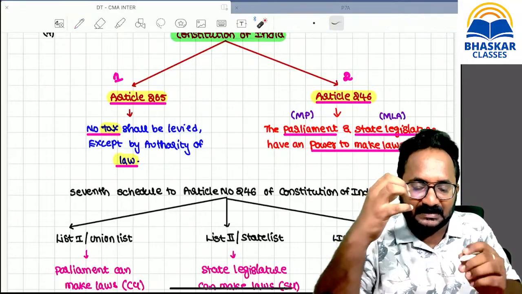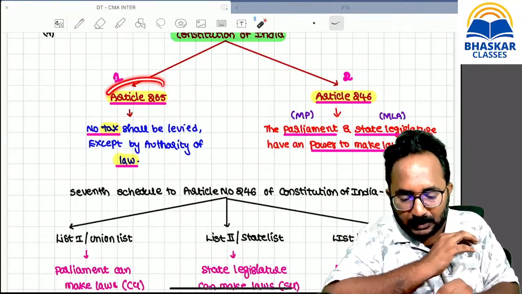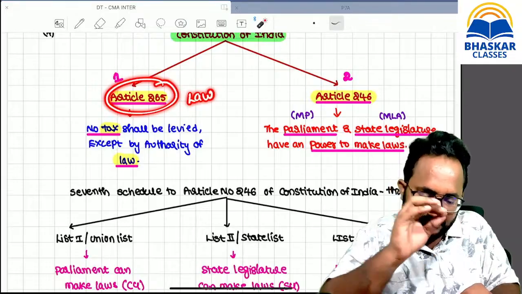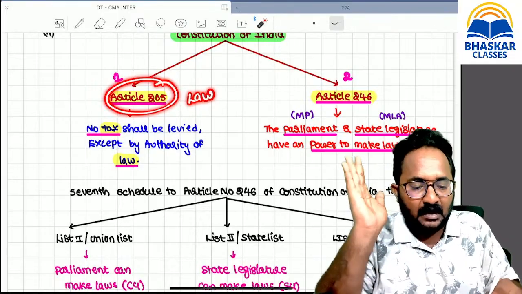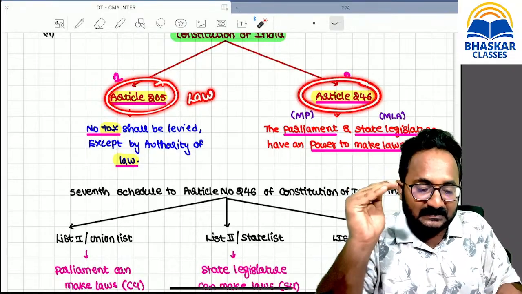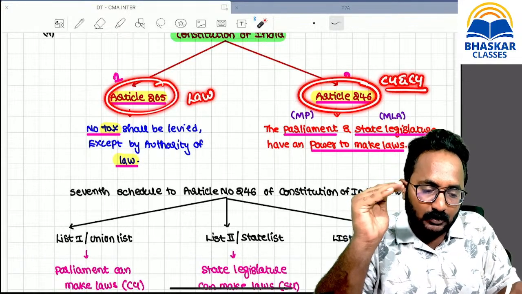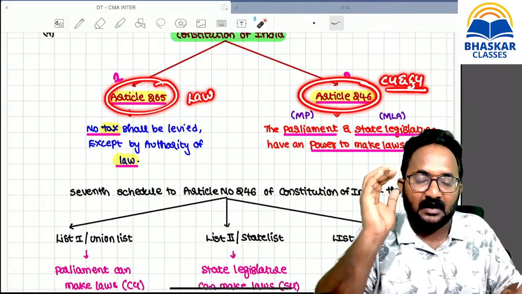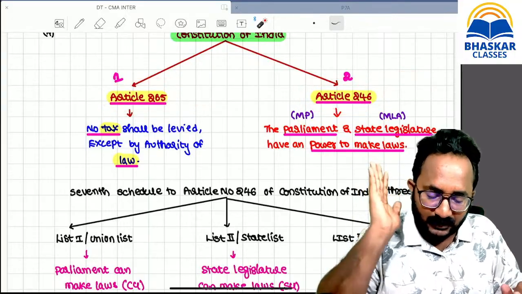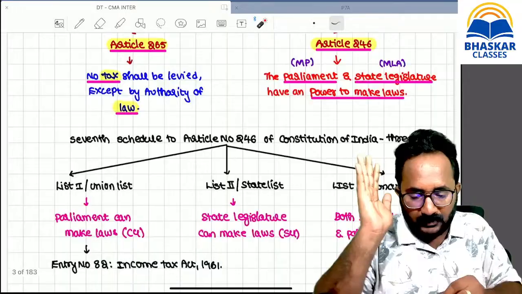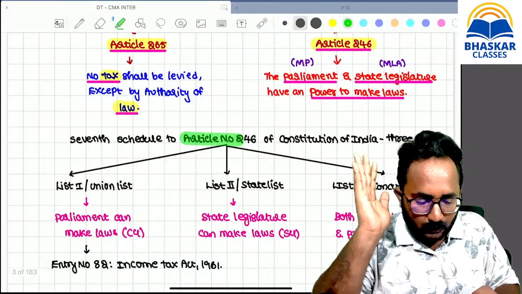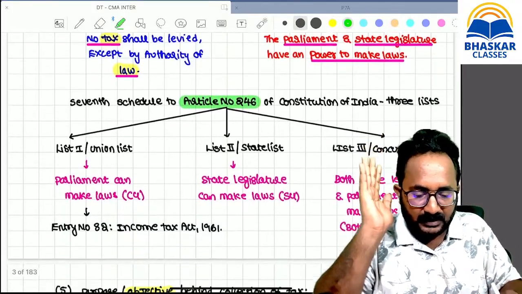These two articles are linked. Article 265 says law is required for collecting tax. Article 246 says the central government and state government have the power to make laws relating to collection of tax.